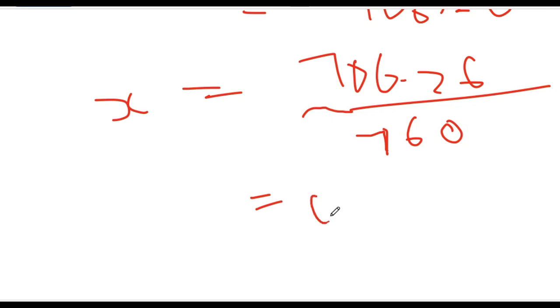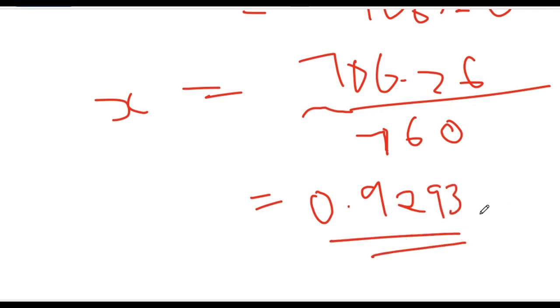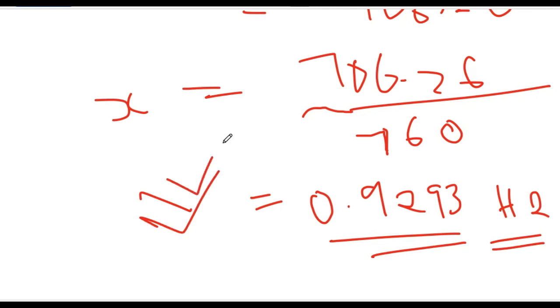I'm getting 0.7273 as my partial pressure for the hydrogen. Remember we're finding it for the hydrogen. I don't know if anyone has a question before we move to the next one.